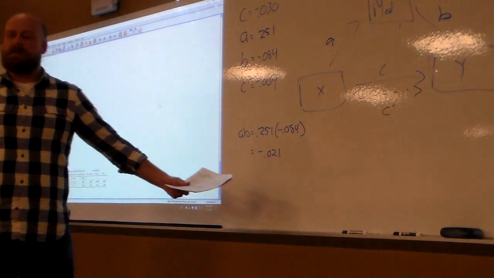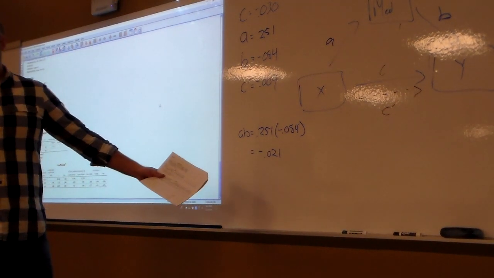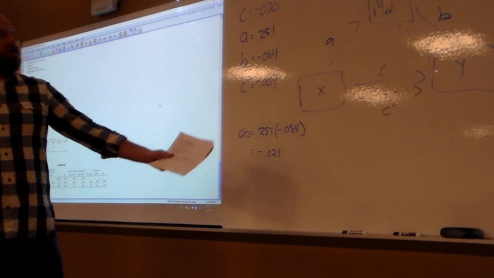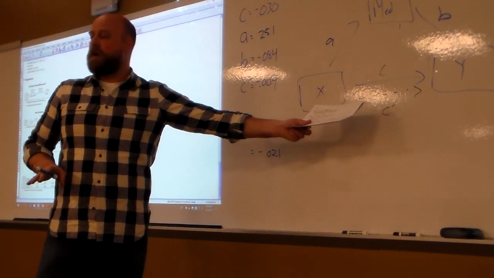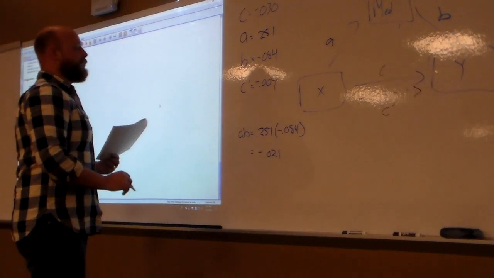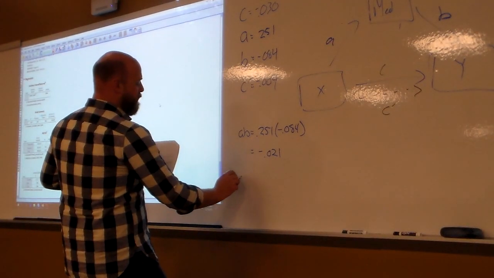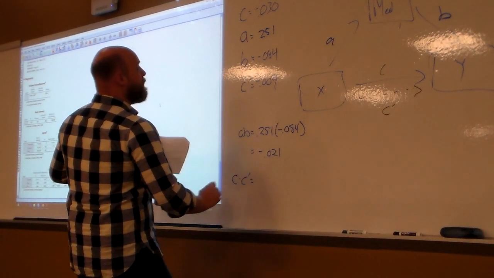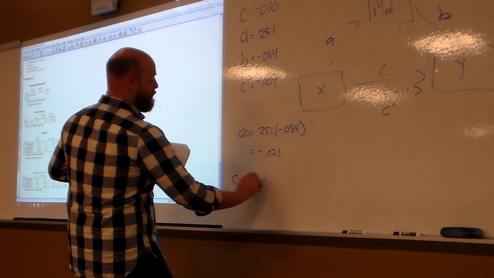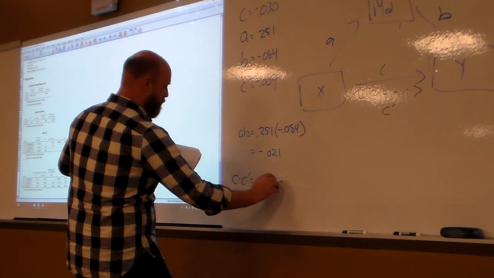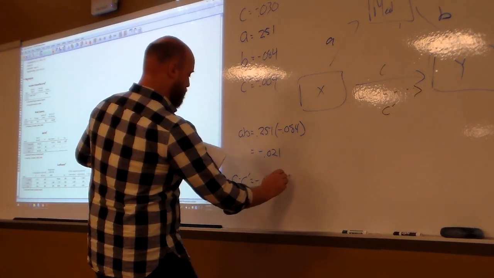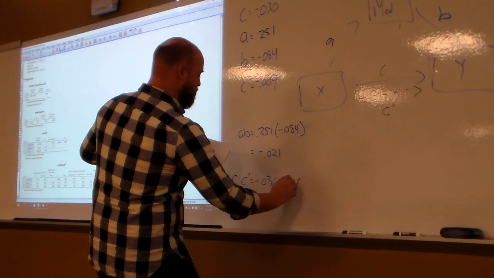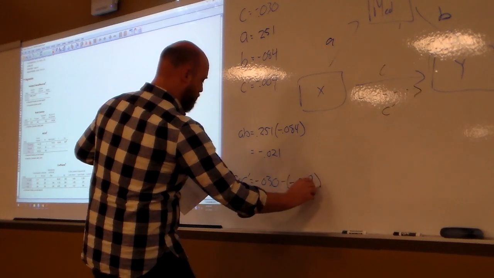What if I don't like that though? What if I'm old school? I'm rocking the 80s, right? I don't want to think about it that way. I want to think about the difference between my C and my C prime paths. So C minus C prime is going to be equal to -0.030 minus -0.009.